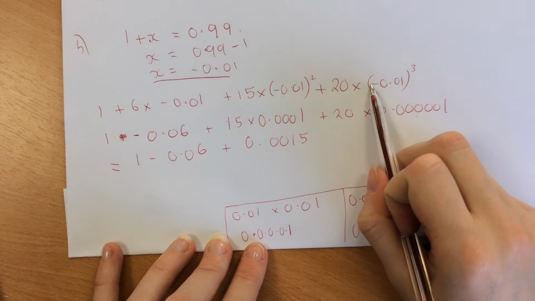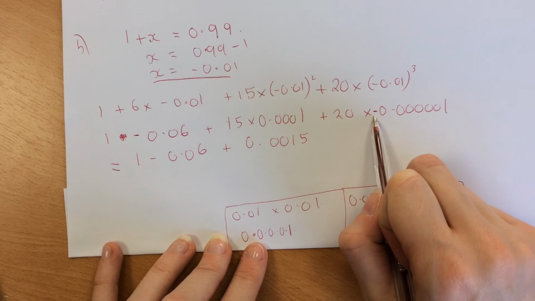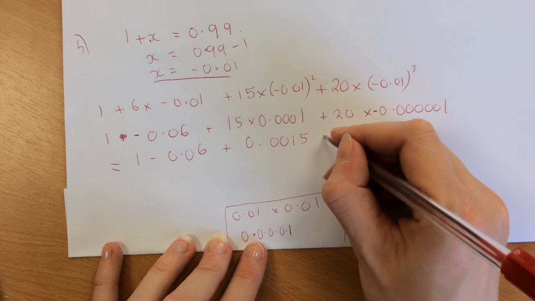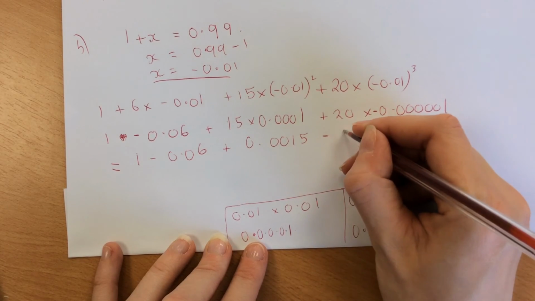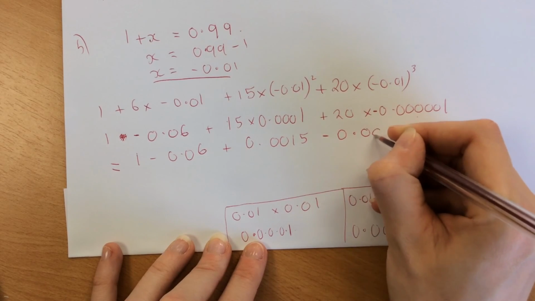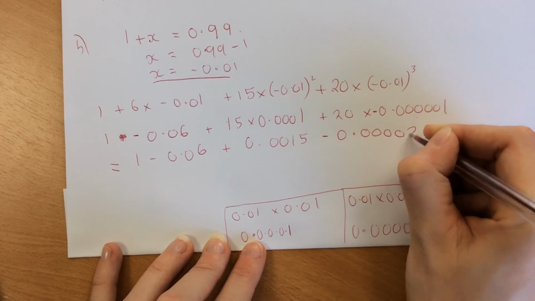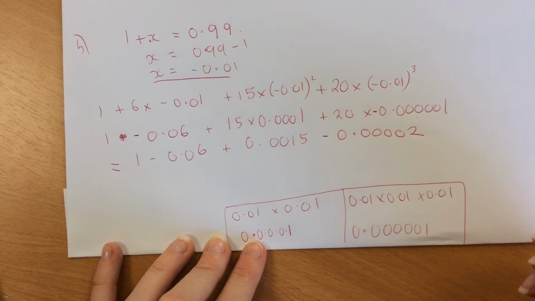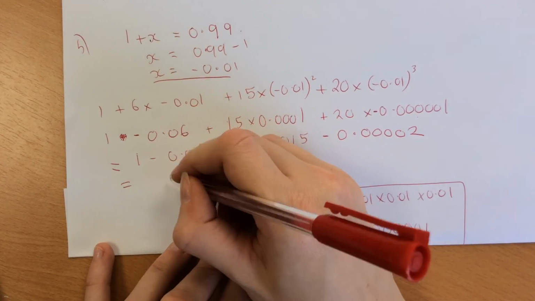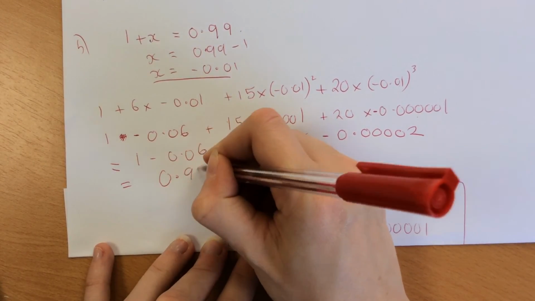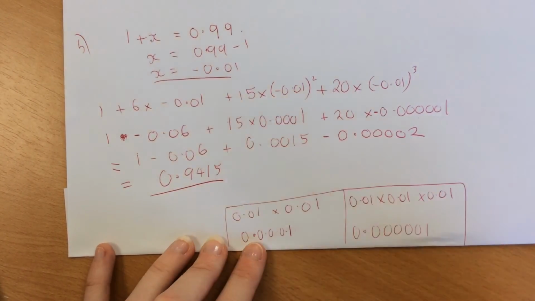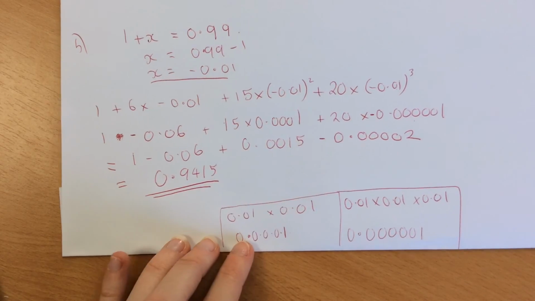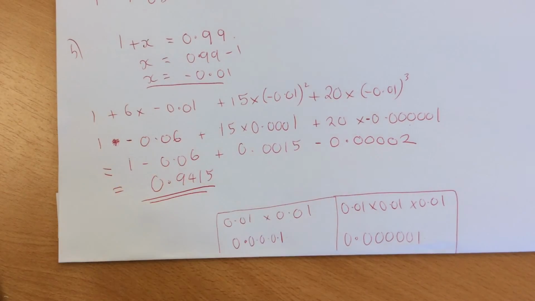Minus times a minus times a minus will become a minus there. So we're going to end up with minus 0.00002. If you work that out, you should get 0.9415 to finish us off there. The hardest part with that is actually working out all the multiplications.